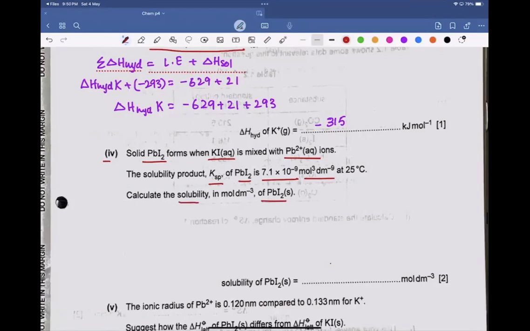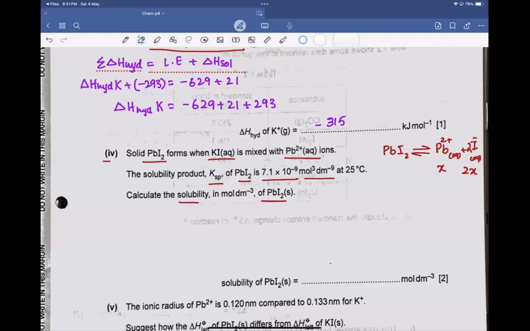So the solubility of PbI2 means that it's going to form lead ions in the aqueous state and 2 moles of iodide ion in the aqueous state. So x moles of this would form and 2x moles of this would form. The solubility of lead iodide is basically x, because the mole ratio between the lead iodide and the lead ion is 1:1.